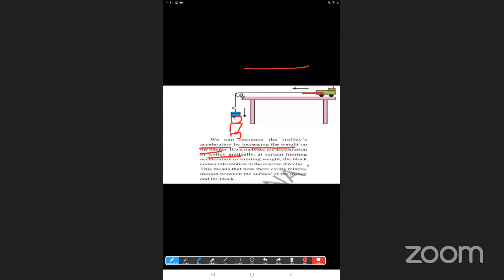Here the trolley is moving towards left. The block comes into motion in the reverse direction, that means it tries to move towards the right side direction. Yes, here is the relative motion between the surface of the trolley and the block.